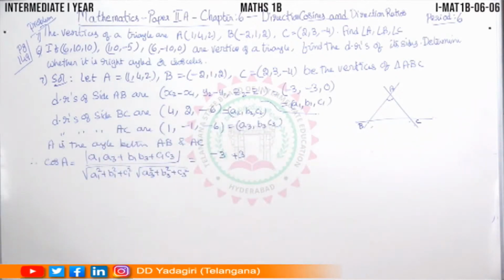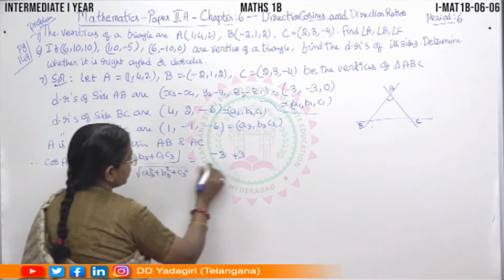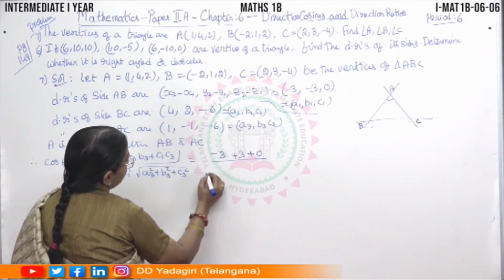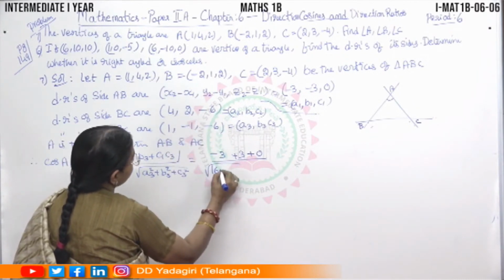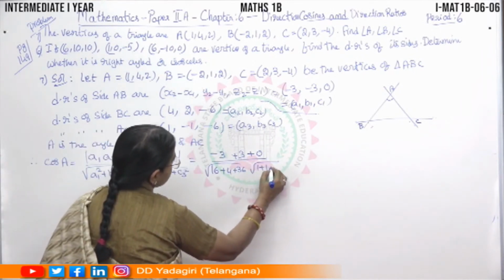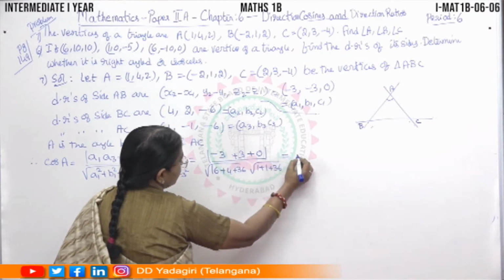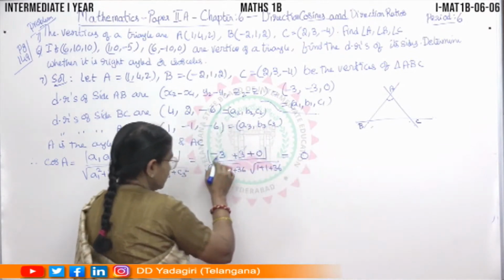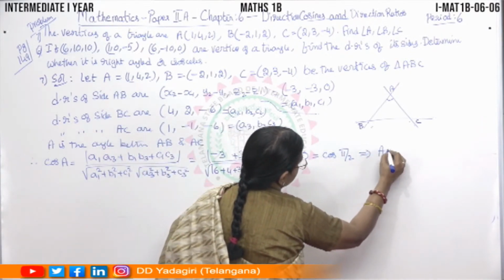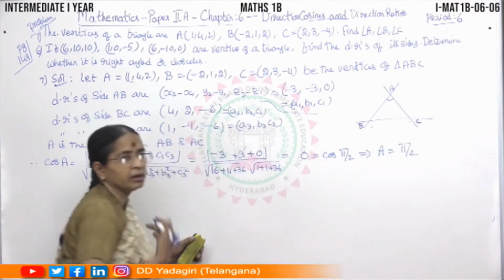So minus 3 plus 3 plus 0 by root of 1 plus 1 plus 36 into root of 9 plus 9 plus 0. It is equal to 0, since the numerator is 0. 0 by any number is 0. 0 can be written as cos pi by 2. So that means A is equal to pi by 2. So one angle we found out.